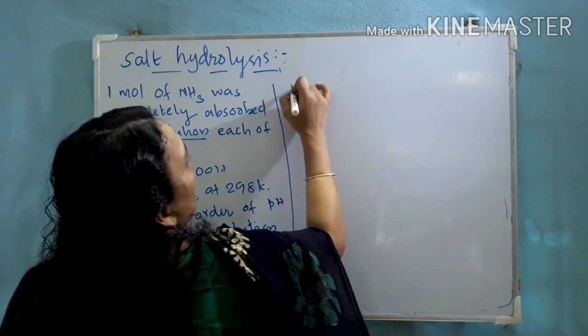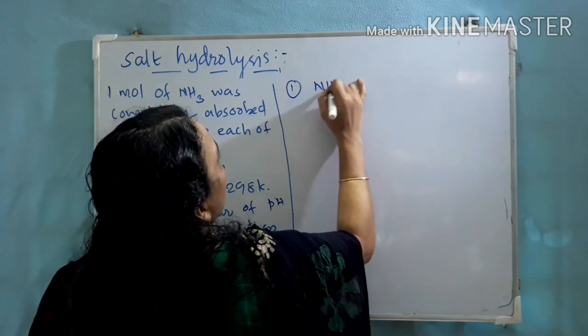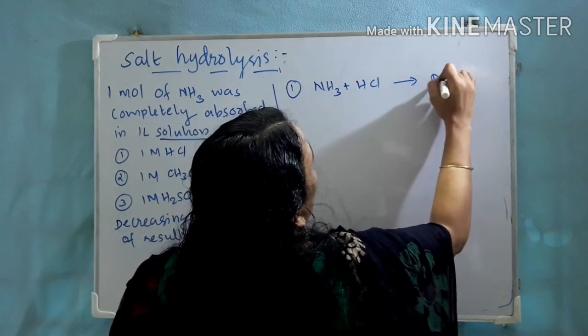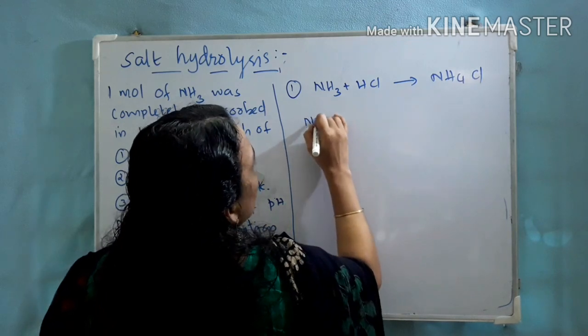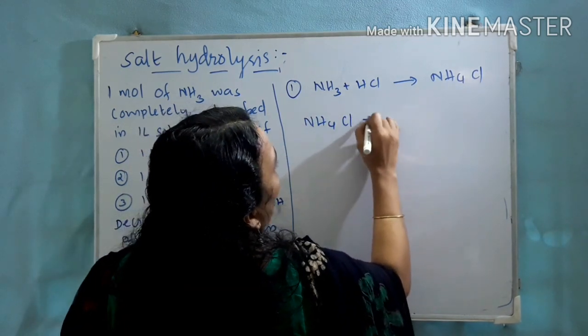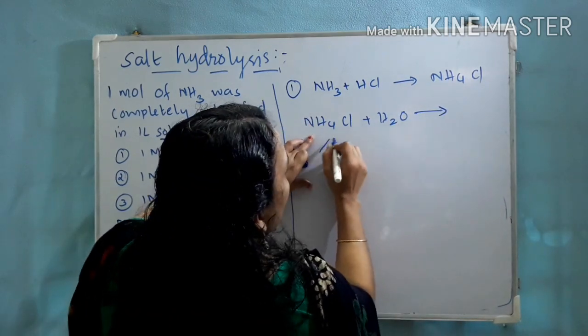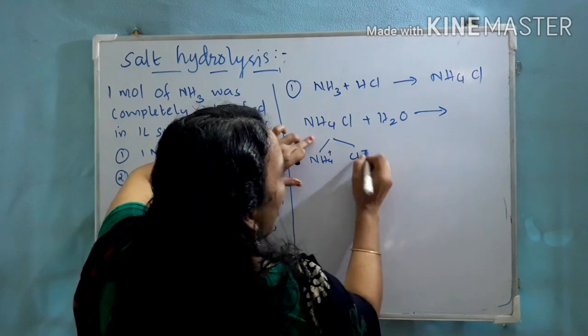So let us consider one by one. Let us consider the first case. Ammonia is reacting with HCl. What will form? It forms ammonium chloride, in solution. Ammonium chloride in water gives the ions NH4 plus and Cl minus.